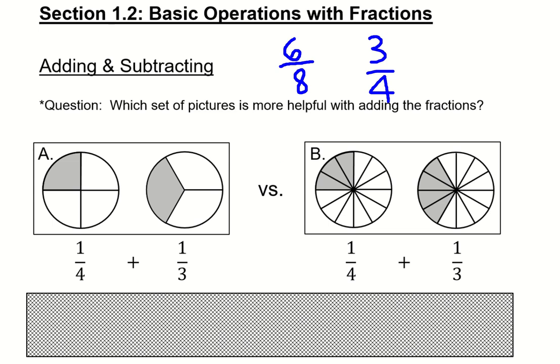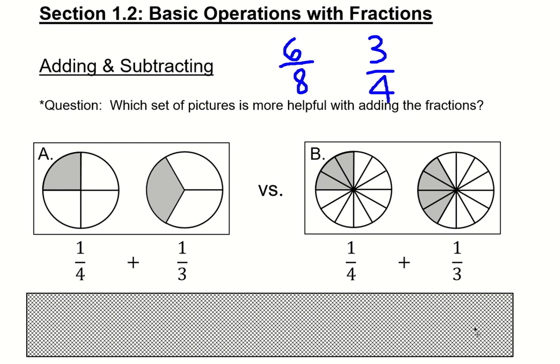Anyway, when it comes to adding or subtracting fractions, check out these pictures. This is a question we visited way back at the beginning of the semester, Section 1-2. Which set of pictures is more helpful? Both of these are 1/4 plus 1/3, but which picture would make it easier to come up with a final answer?